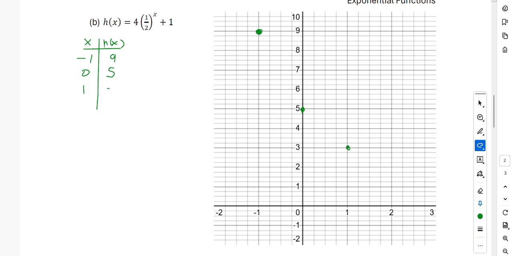I have a horizontal asymptote at 1. The only time the multiplying by 1/2 will appear is if you don't have that plus or minus value on the outside. So my asymptote is right here, y equals 1. Connect the dots.